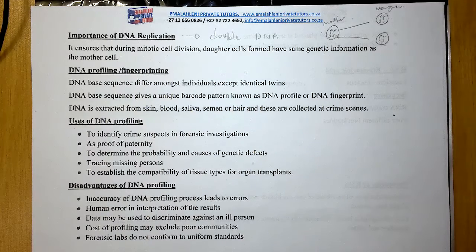DNA is extracted from skin, blood, saliva, semen. That's why at a crime scene, those working in forensics will be collecting hair, picking up cigarettes, brushing for saliva, and also collecting samples from the steering wheel.